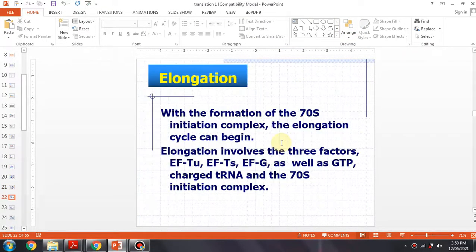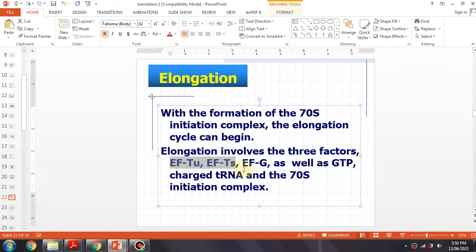So the next is elongation. These are the elongation factors involved in prokaryotic translation elongation: EF-Tu, EF-Ts and EF-G. All three factors need GTP for their action.